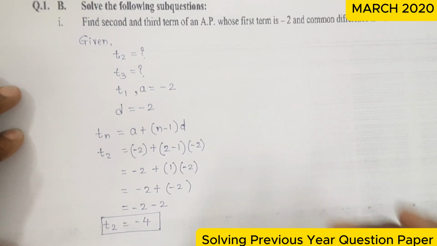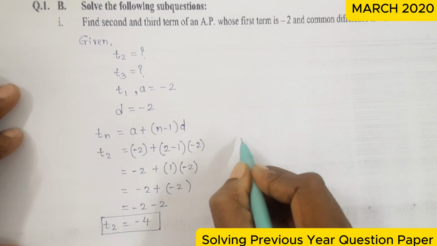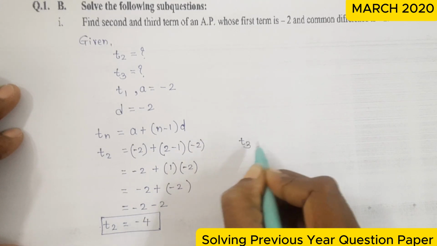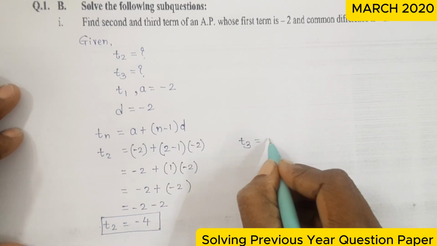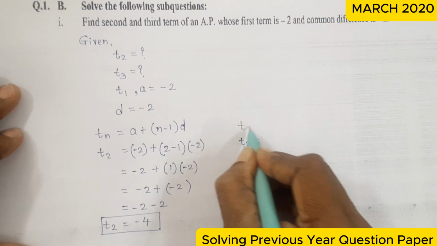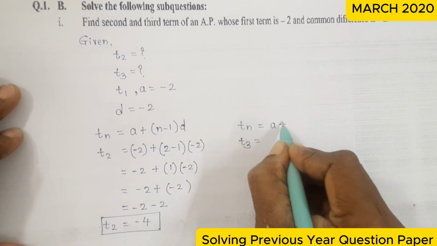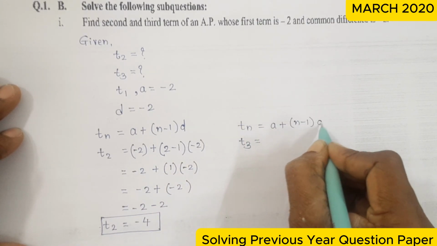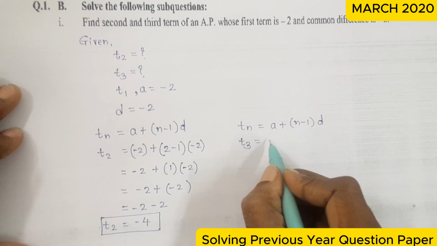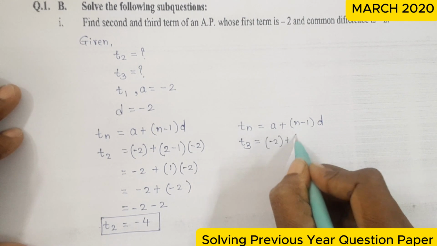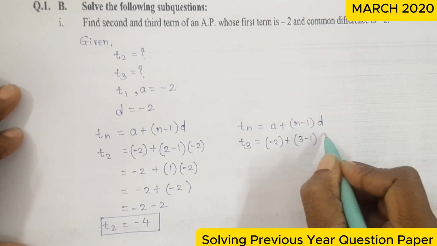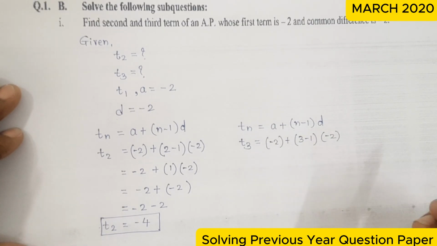Okay, very easy. And then calculate T3, that is the third term. So the formula is the same formula, we use the same formula, A plus (N minus 1)D. Okay students, and then substitution here, A is equal to -2 plus, then here (3 minus 1), and D in the bracket (-2).